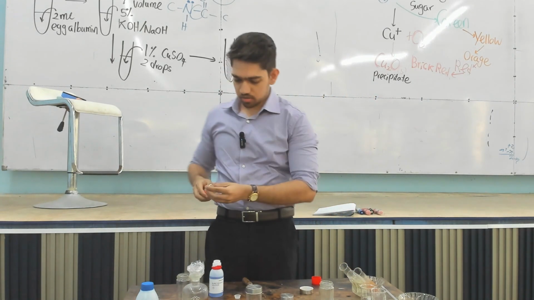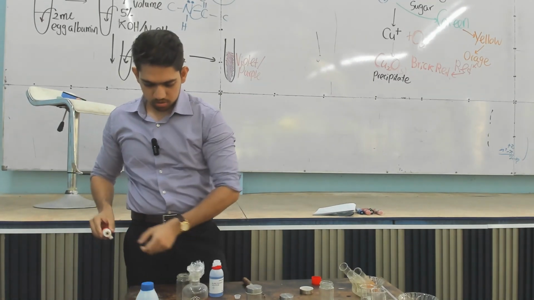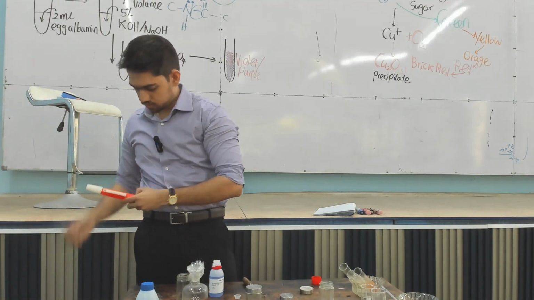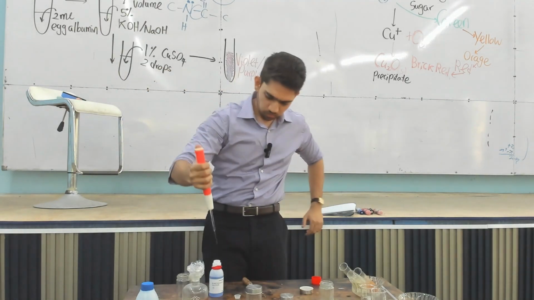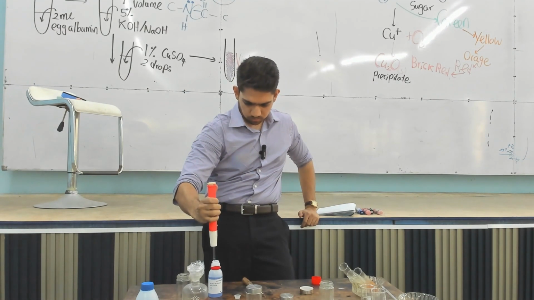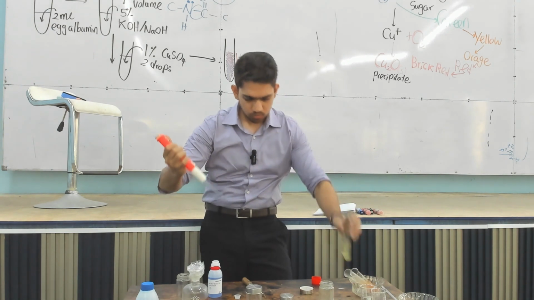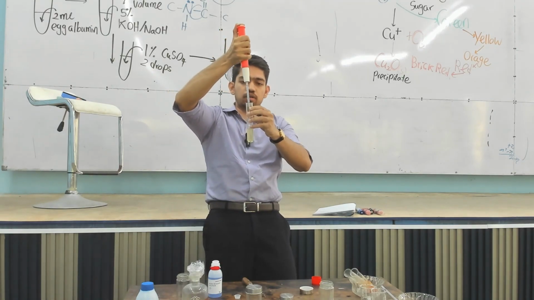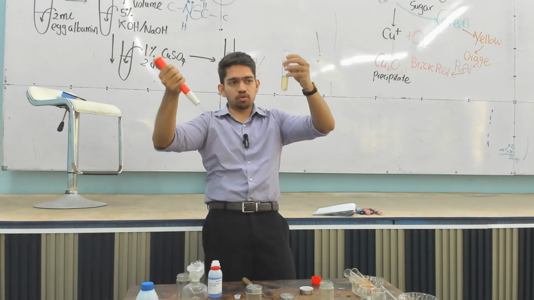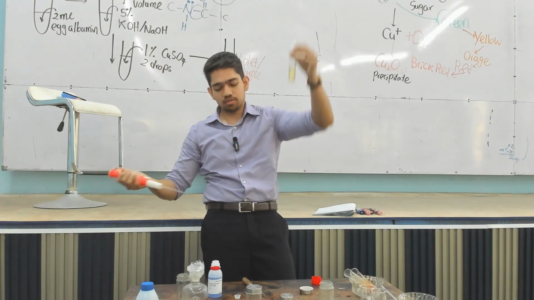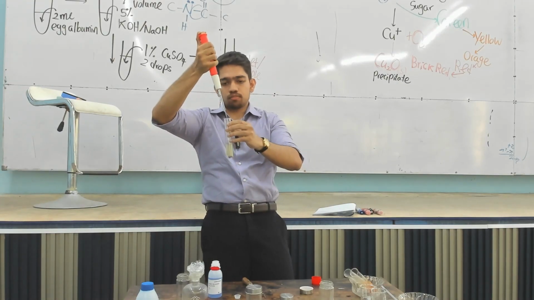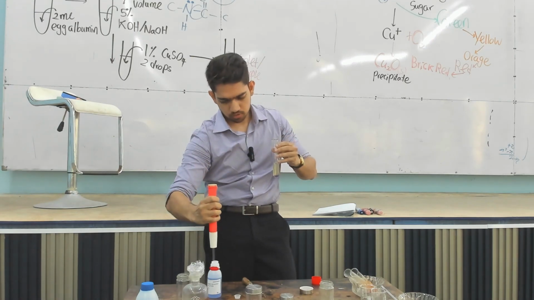So we take some Biuret reagent. We don't need to do all these elaborate things, adding a few drops of KOH, or we can directly add it. You can already see a purple color.